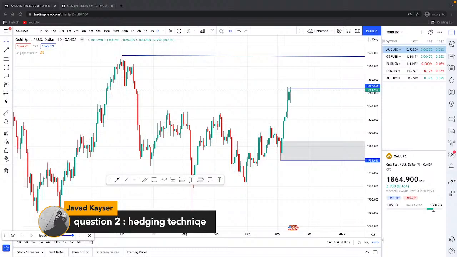I will talk about it in a separate video, when and how to hedge, and when you are already in a trade, let's say a sell, and you're risking 1% on the sell, how much percent risk on the buy. The hedging position always needs to be a little bit smaller in size than your original position. So I'll talk about it in a separate video, Javed. Just stay tuned.